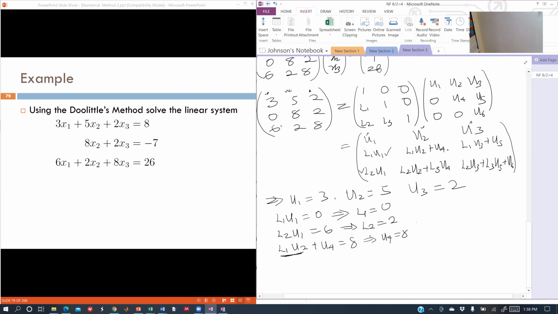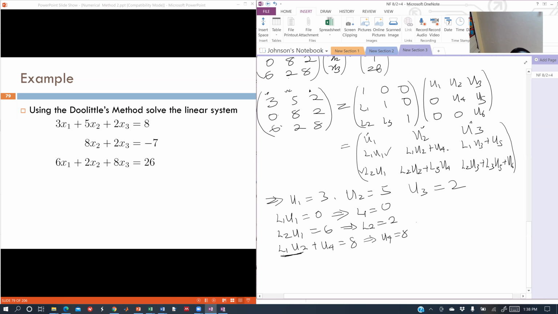And we proceed in that same manner to find the values of all the other L values and all the U values.